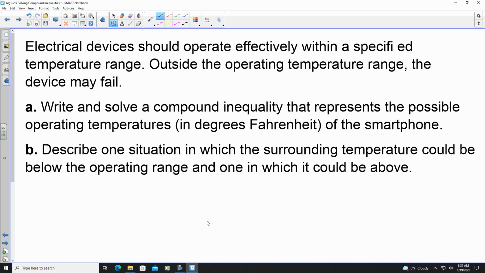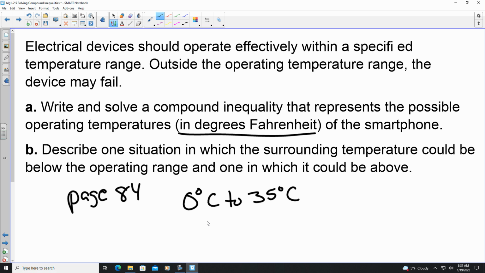So in your textbook on page 84, they have a picture of a smartphone and it says operating temperature 0 degrees to 35 degrees, not Fahrenheit. This is 0 degrees Celsius to 35 degrees Celsius. So they give you the Celsius.